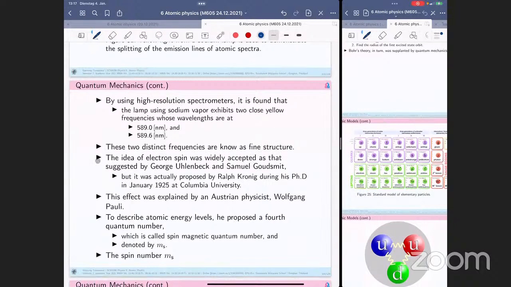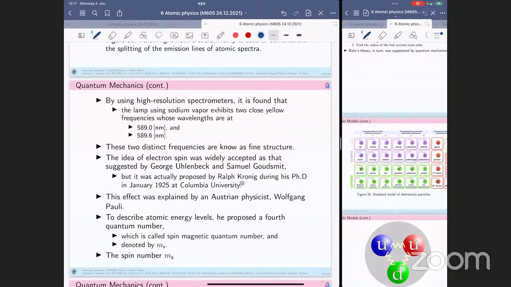The idea of electron spin was widely accepted as that suggested by George Uhlenbeck and Samuel Goudsmit, but it was actually proposed by Ralph Kronig during his PhD in January 1925 at Columbia University. If you want to discover something which has high impact to the world, you may need to study a PhD, the doctoral degree.